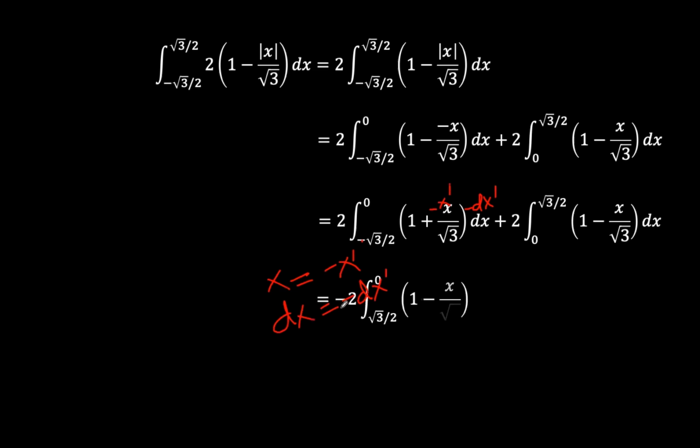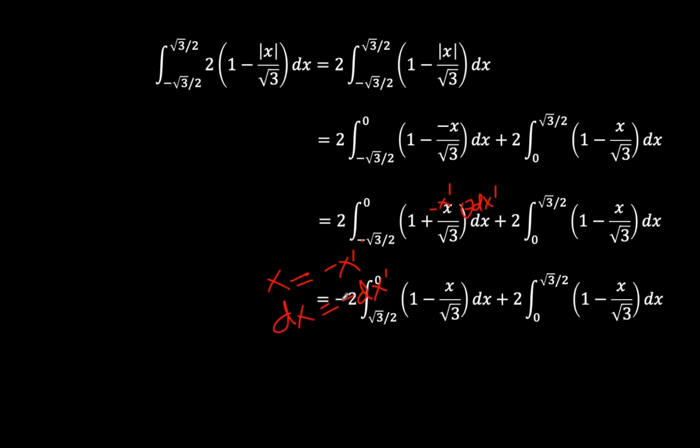We get the integral, negative, because this negative here now comes here, 2 times the integral from x equals root 3 over 2 to 0 of 1 minus, this minus here is here, x over root 3 dx.